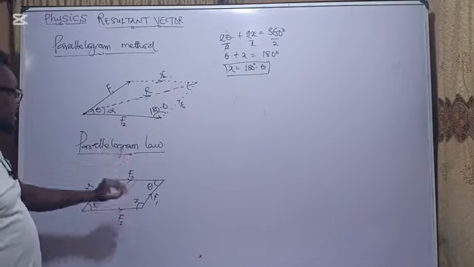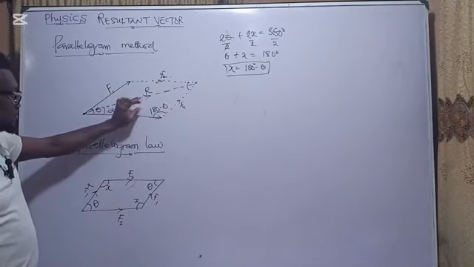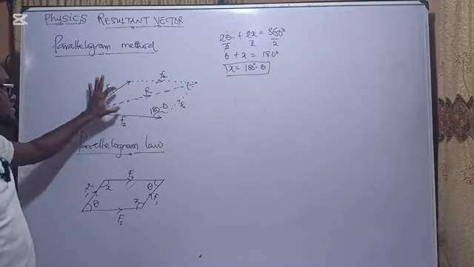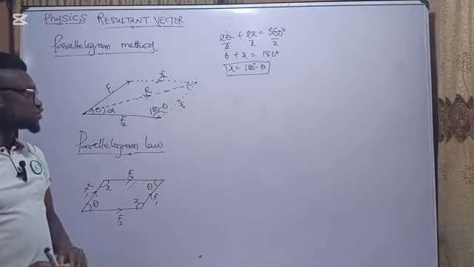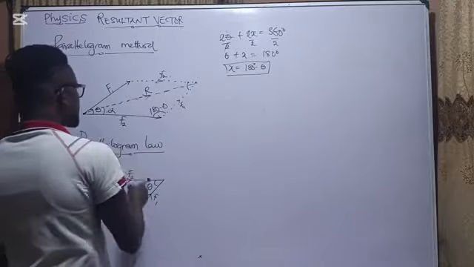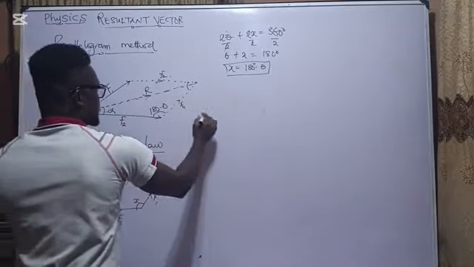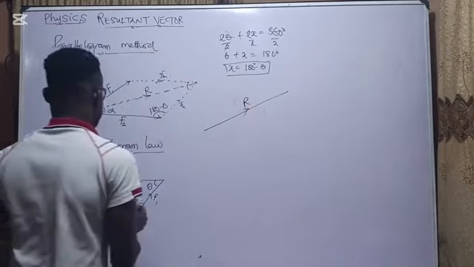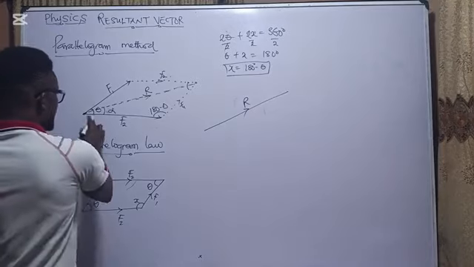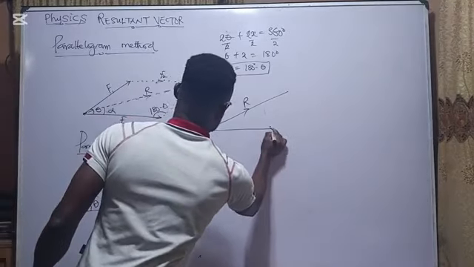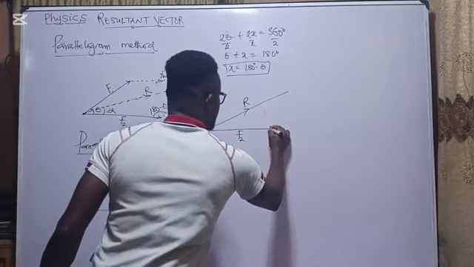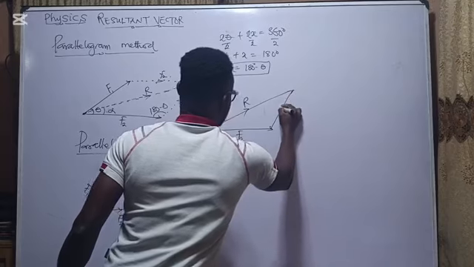So in this case, we can take one of the triangles, because the diagonal has split this parallelogram into two triangles. If we take one of these triangles, we are going to have this. Here is the resultant. Then we have F2, and here is F1.